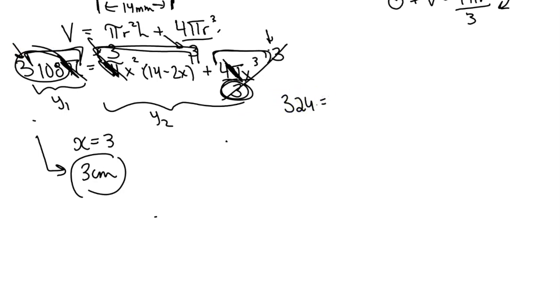And it'd be equal to, over here, we'd have 3x squared times 14 minus 2x plus 4x cubed. Okay, and so now what we can say is we can expand this in here.